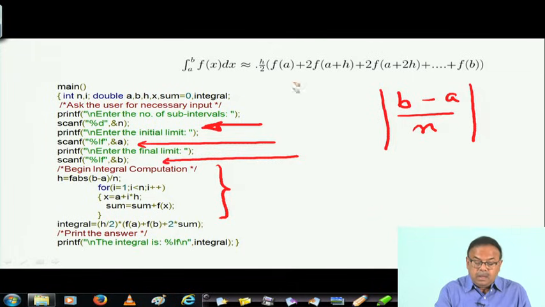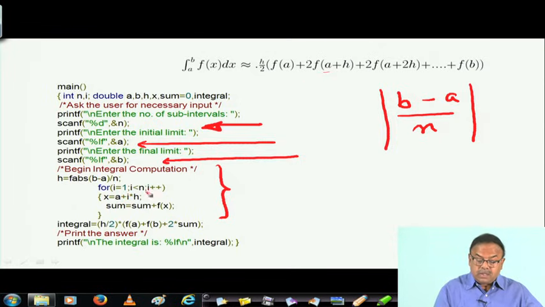So, now here I am just computing the sum. What sum? This part. Initially x is a plus i h, sum is sum plus f(x). Each of them, next time it is becoming 2, all those things I am adding here. So, in a loop I am doing a plus i h, initially i is 1.